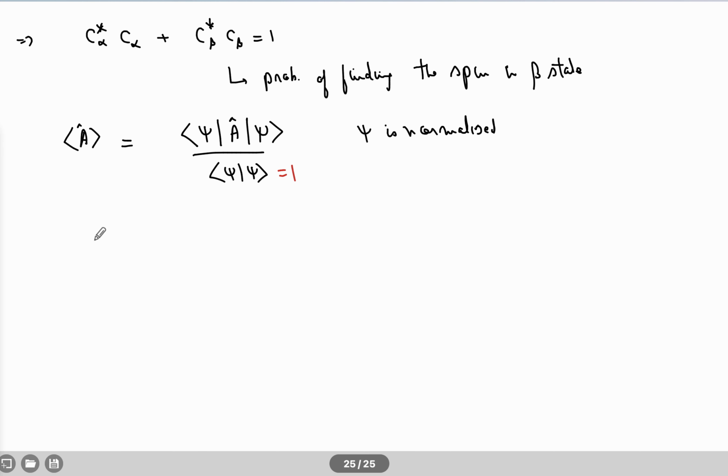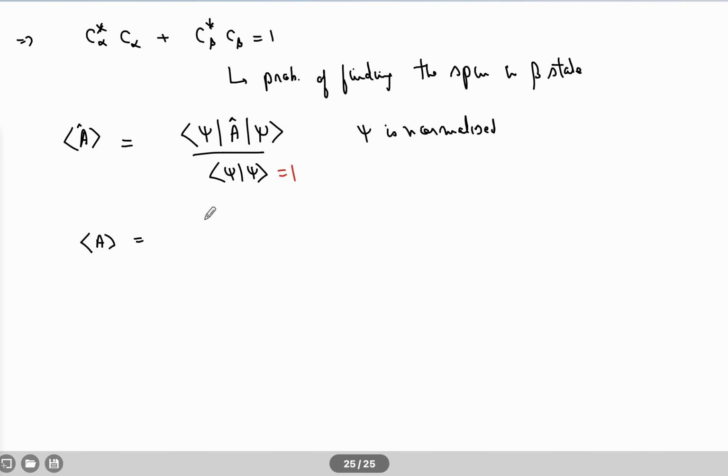Okay, so now let us expand this. When ket psi is expanded, this will be expanded with respect to the coefficient n, and when bra psi is expanded, this will be expanded with respect to coefficient m. Okay, and since summation is taken, it really does not matter, but this is just to keep the distinction between bra and ket.